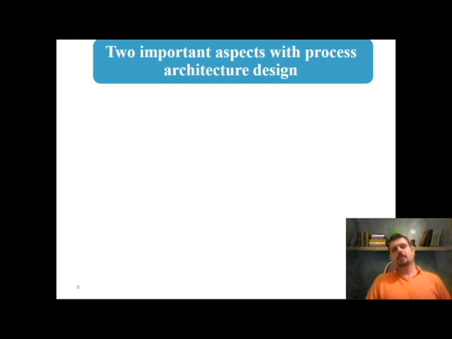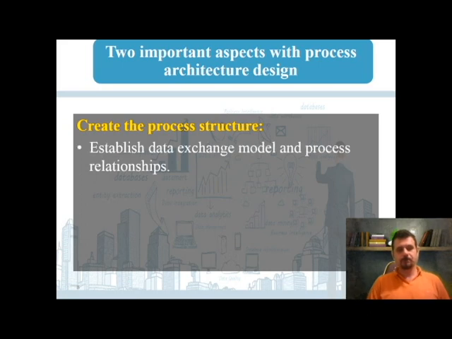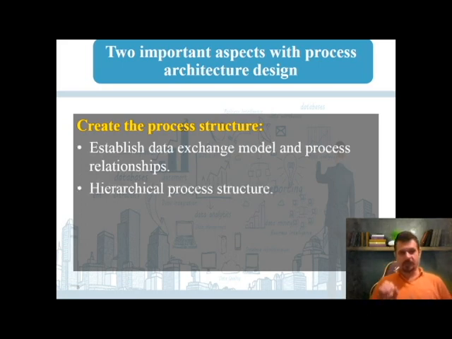Two important aspects of process architecture design are: first, create process structure, and establish the exchange model and process relationships.